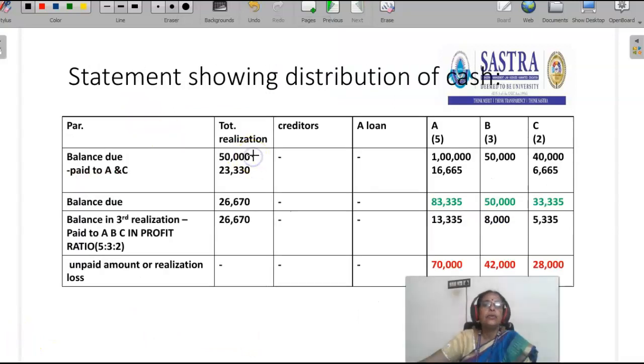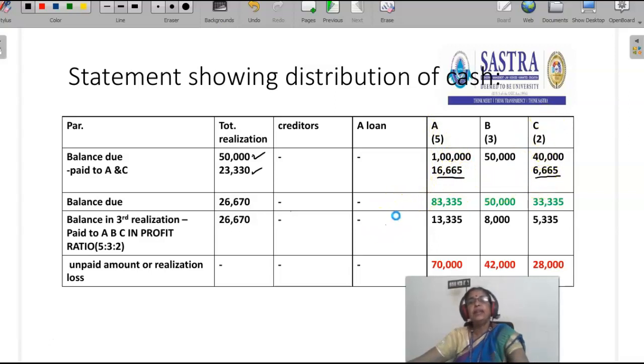The balance amount available is 50,000. Out of that 50,000, the firm has to settle the capital yet to be paid: 1 lakh rupees for A, 50,000 for B, 40,000 for C. So here the firm has to pay A 16,665 and C 6,665, total 23,330. Why does the firm settle A and C?